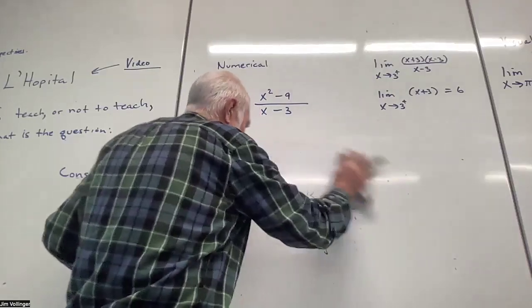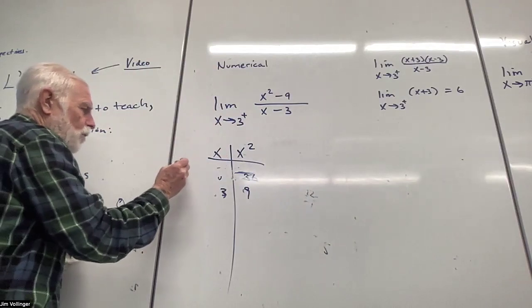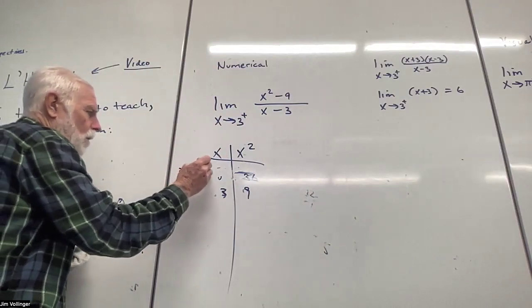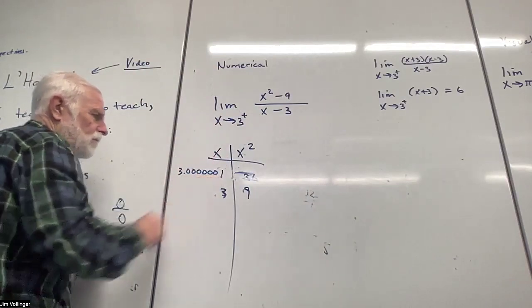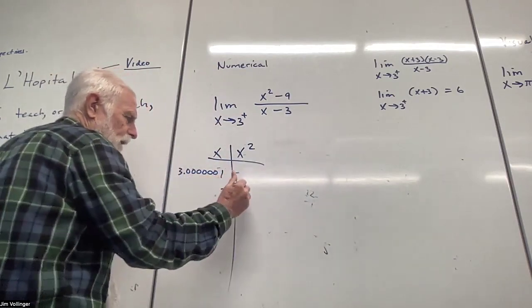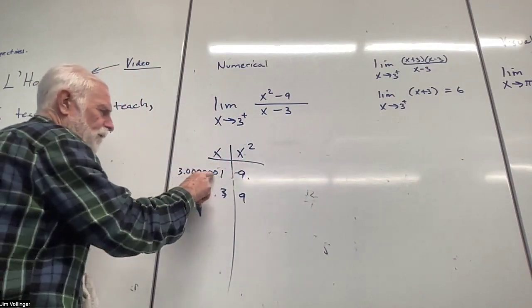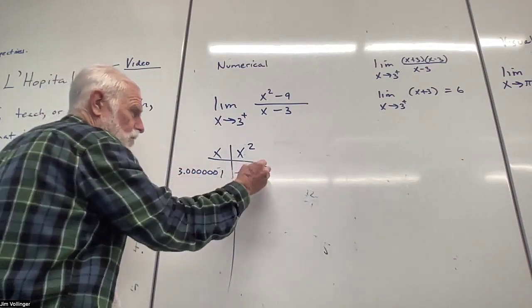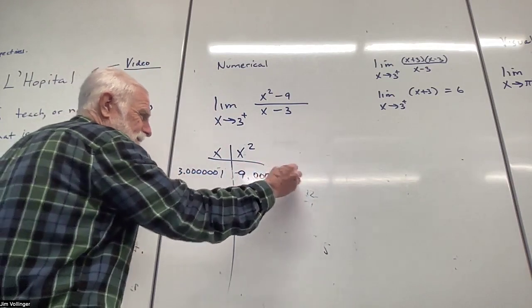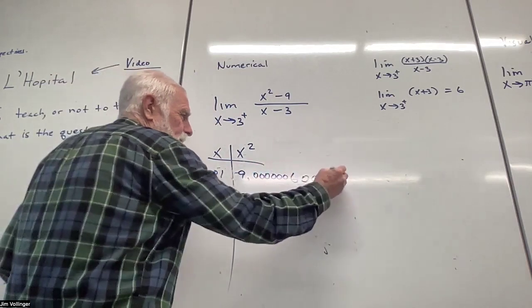Well, let's get really, really close to 3. Let's go with 3.000001. I got to count those decimal places to get this right over here. I know 3 gets me 9. If I square that, I get 9.1234567, 1, 2, 3, 4, 5, 6, 7, and another 6 zeros and a 1.